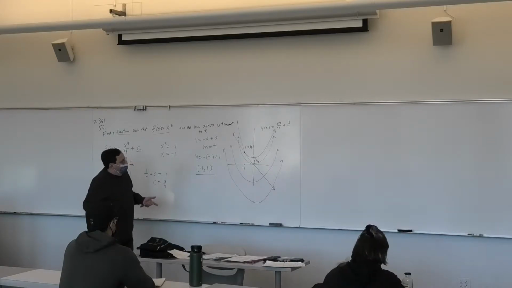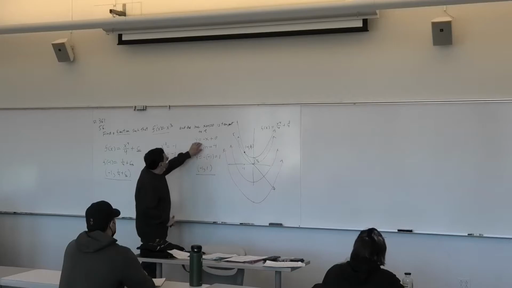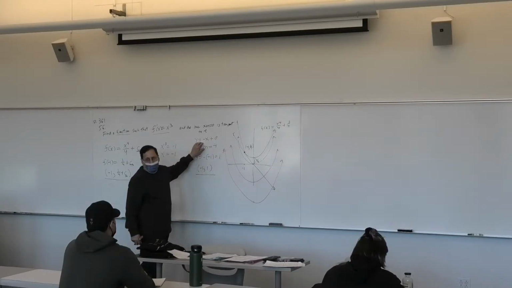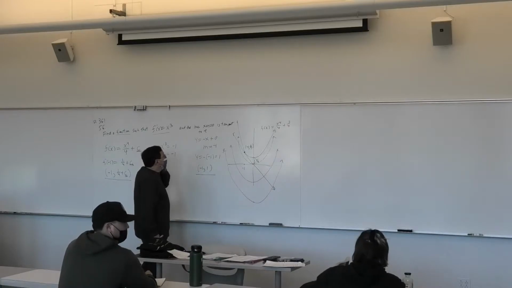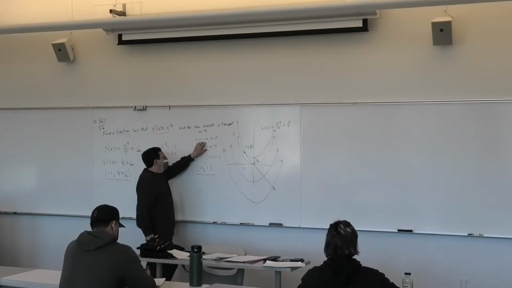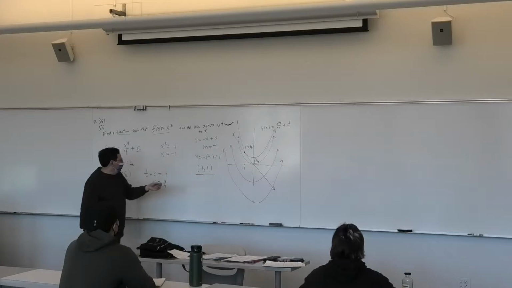If you think about it, you could have been given pretty much any line here, right? Given a line, it has a slope.